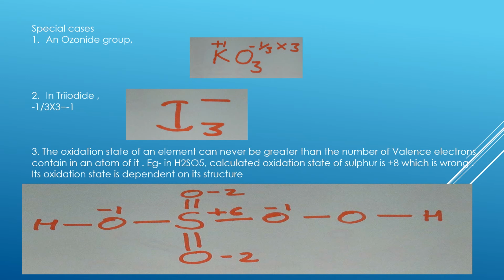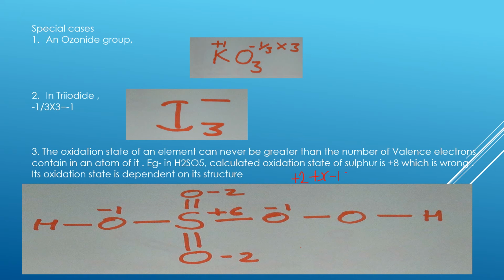Now here the oxidation state of OH minus is -1. If we take H2SO5, there are 2 hydrogen atoms, so +2 charge. For one sulfur atom, we do not know its oxidation state, so I consider it X. Then there are 5 oxygen atoms, so -10.